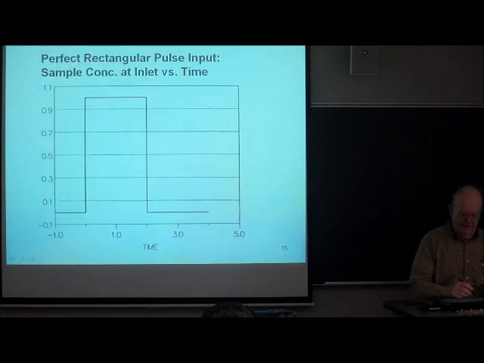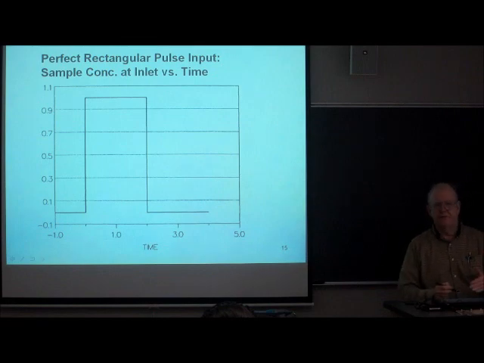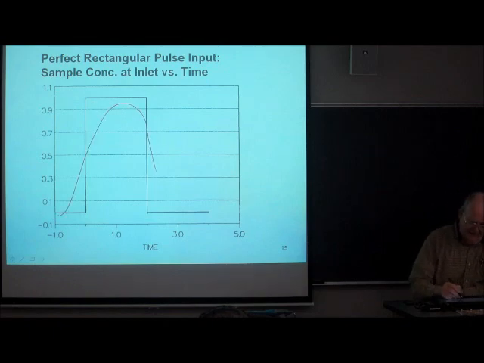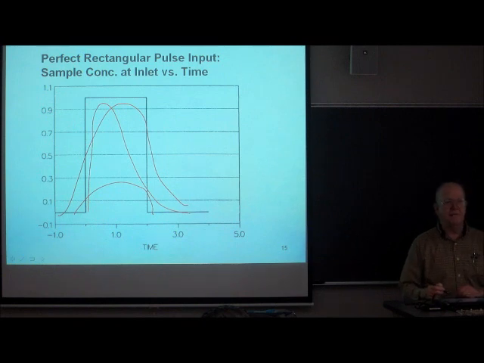We're going to say that the sample comes on and it gets loaded, and so it goes from 0 to 1 and back to 0 again. Now, I have never seen an injector ever behave this way. They behave like that, or like that, or like that. But the rectangular pulse is the simplest possible model. So that's what we're going to use.